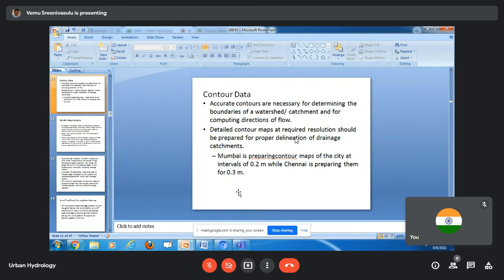If it is Vizag, then maybe a 1 meter contour interval may serve the purpose, because the relief, the difference between the highest point and the lowest point, may be higher in Visakhapatnam compared to Kakinada, which is a plain area. Some studies say Mumbai is preparing a contour map of the city at an interval of 0.2 meter, while Chennai is preparing a 0.3 meter contour interval.